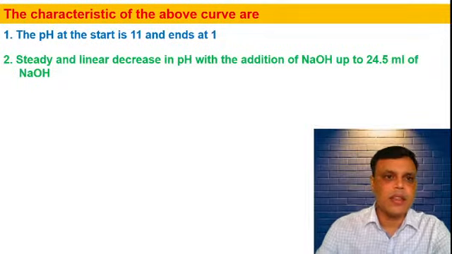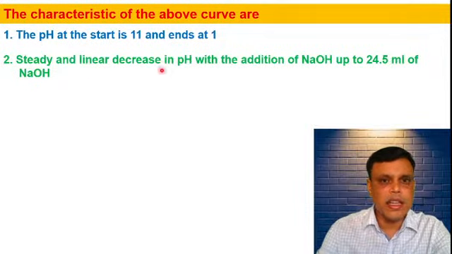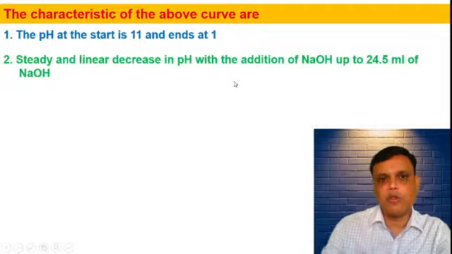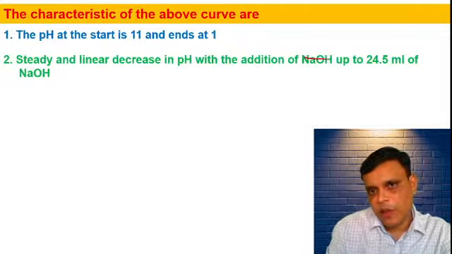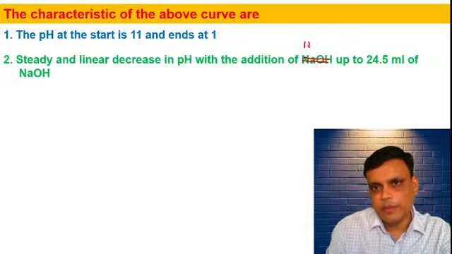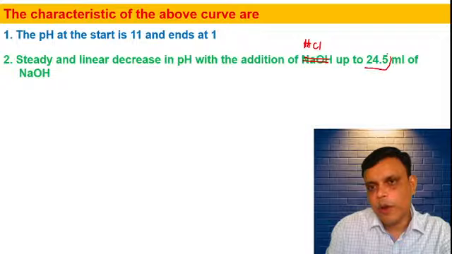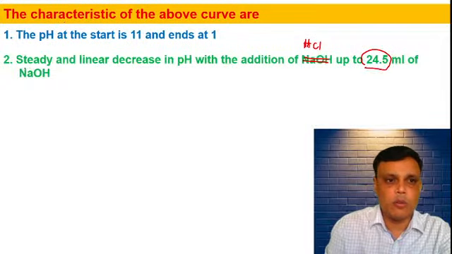Second point, there is a steady linear decrease in pH with the addition of HCl, up to 24.5 ml HCl volume.